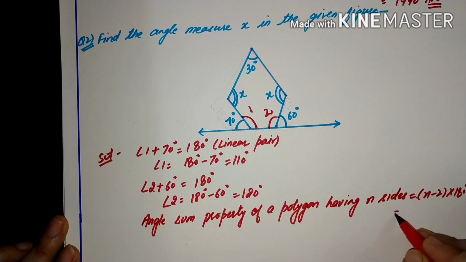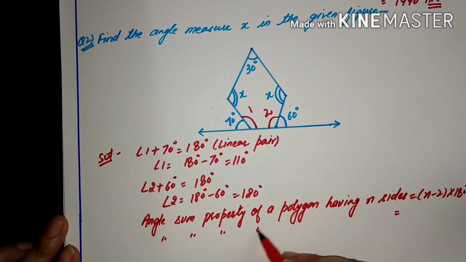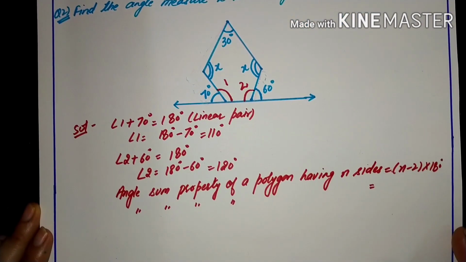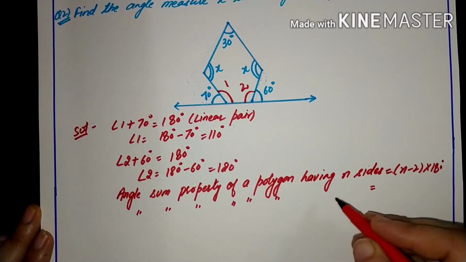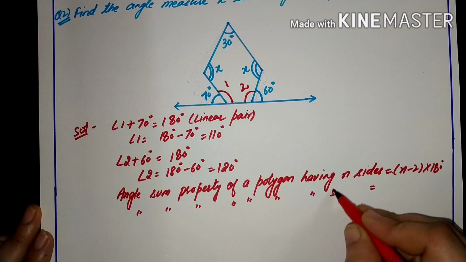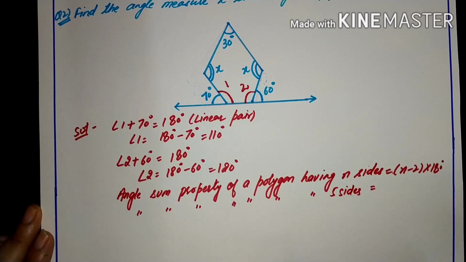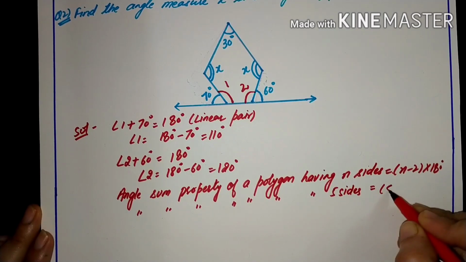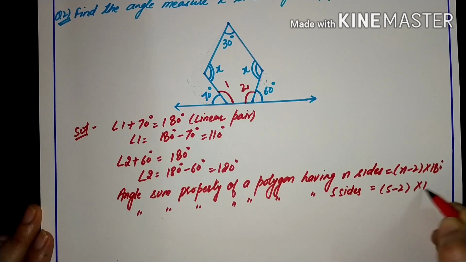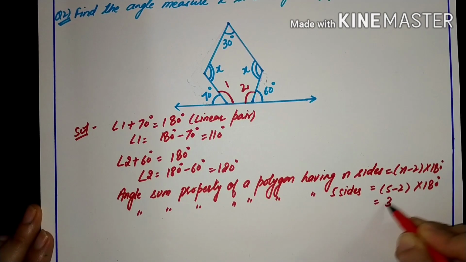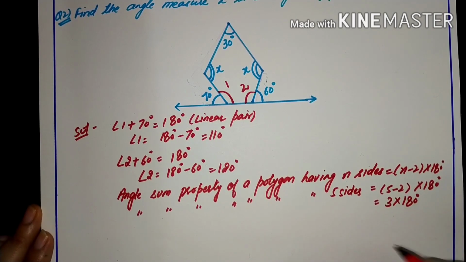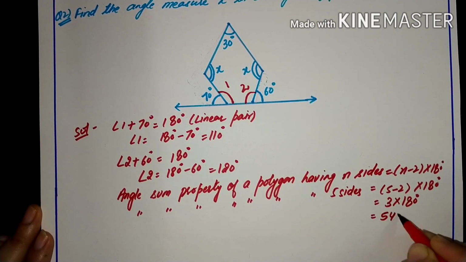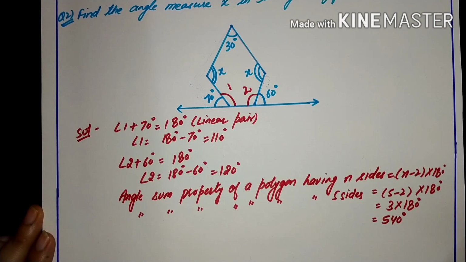So therefore it is equal to the angle sum of a polygon having 5 sides. As you know, a pentagon has 5 sides. So it will be equal to 5 minus 2 into 180 degrees, that is 3 into 180 degrees. This is further equal to 540 degrees.